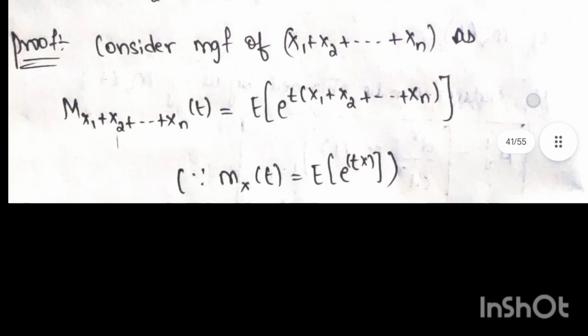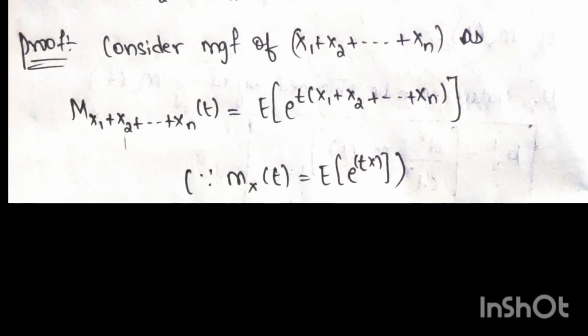This can be proved by considering the LHS value of x1 plus x2 plus and so on xn as t. So e to the power of t, if you substitute this value here, since each and every term gets the t, in the next step e to the power tx1, e to the power tx2 and so on will be multiplied in each and every term.